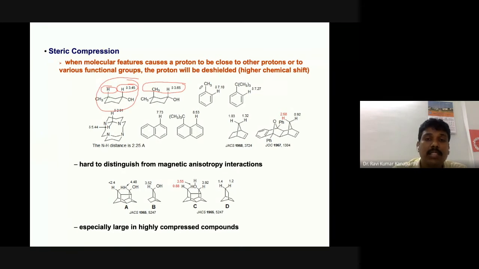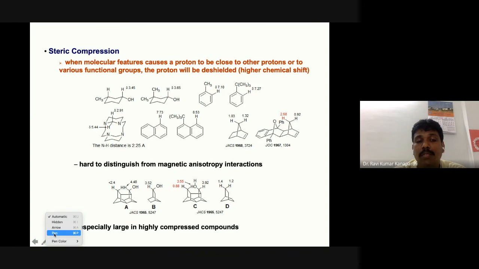You can also look at the other proton interaction with the toluene methyl protons. In a toluene molecule, it is seen at 7.10. Whereas in tertiary butyl benzene, the same proton has a chemical shift of 7.26.